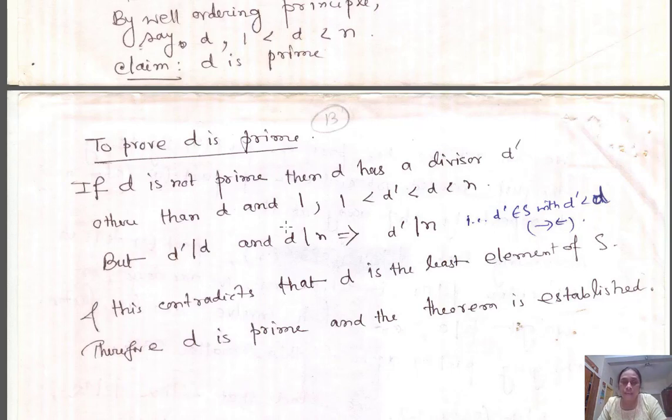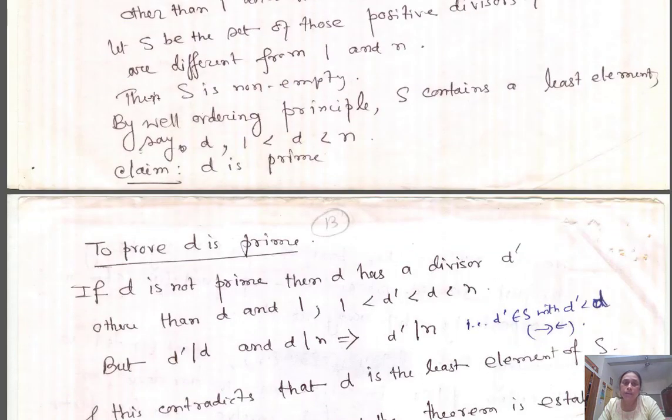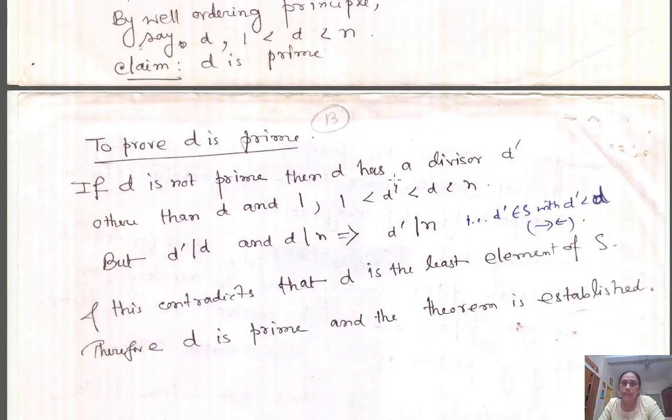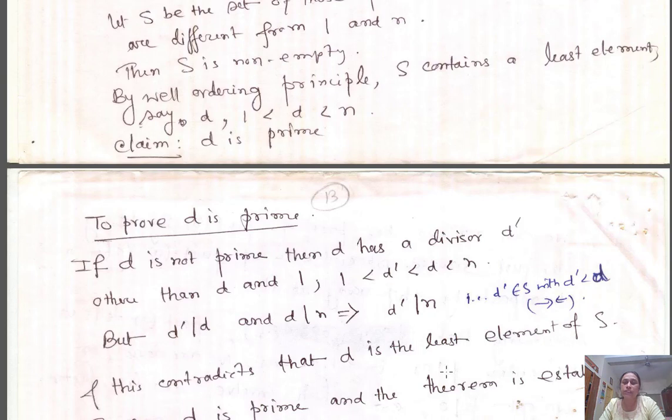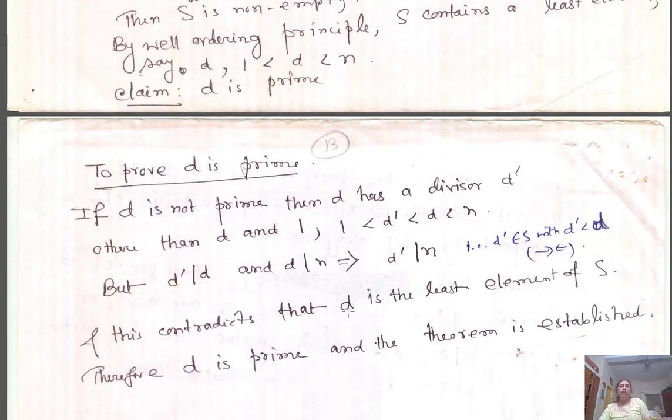So if I assume d is not prime, it is composite, then we can get another divisor of n which is smaller than d. But d was assumed to be the least element of S, and we are getting an even smaller element than d which is in S. It is giving a contradiction.